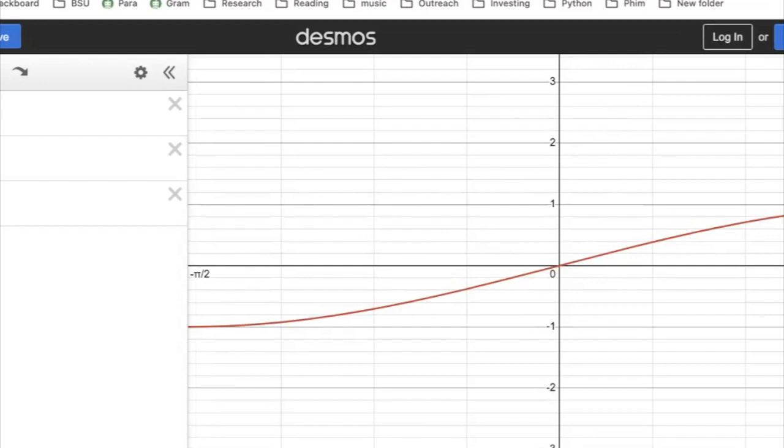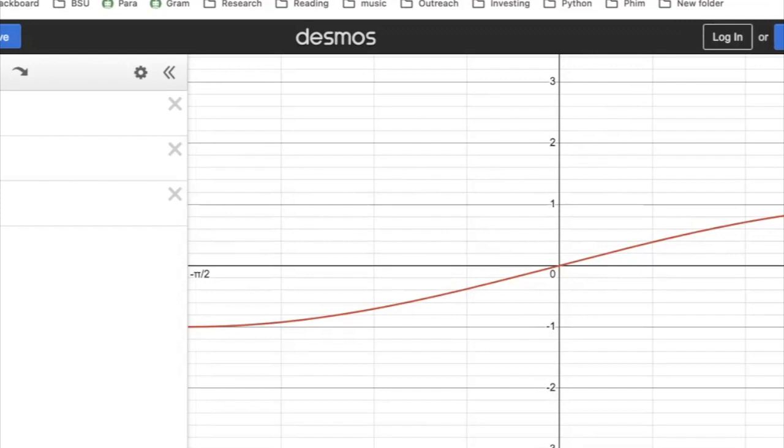So for the sine function, if you restrict the domain between -pi/2 to pi/2, you have a one-to-one function, okay? And when you have a one-to-one function, you are able to find the inverse function, okay?